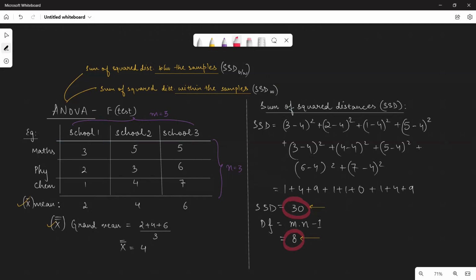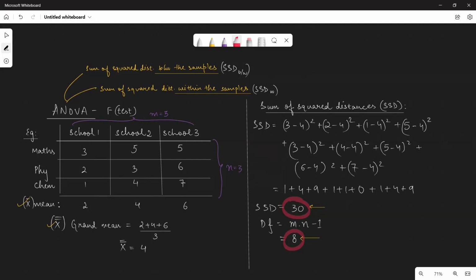I don't know whether in the examination they will give you an ANOVA question to solve, because ANOVA is time taking. But even if they give you, this is how you can verify whether the values of SSD between and SSD within that you have calculated are correct or not.